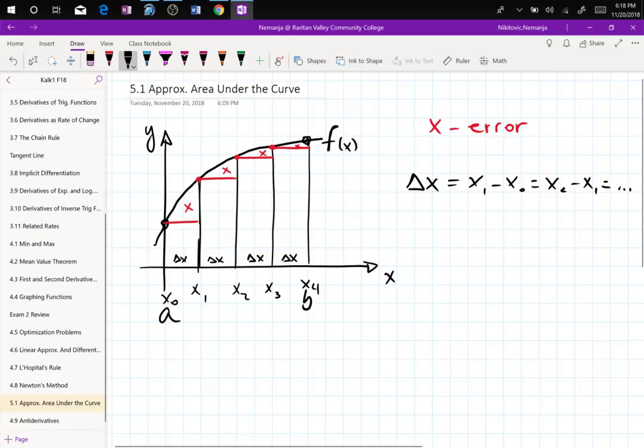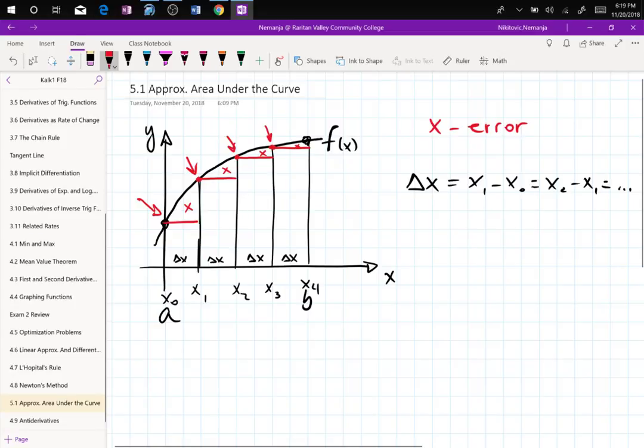So what do we do? I am going to use left corners to compute function values, which give me the height of each rectangle, and multiply by the width delta x to come up with the area of each rectangle.